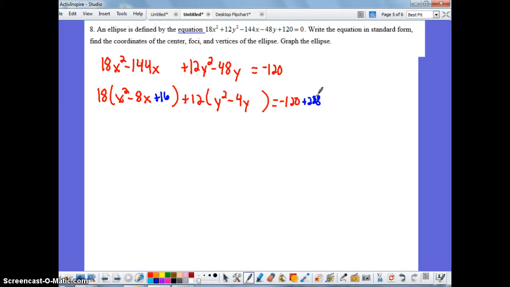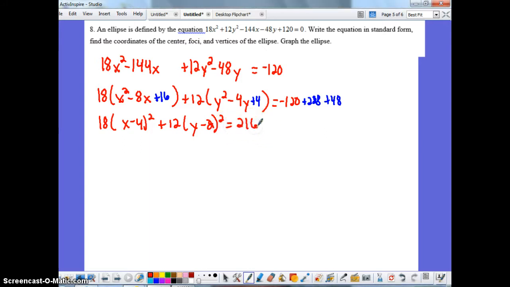And then the second one, half of negative 4 is negative 2, squared is going to give me 4. 4 times the 12 is going to give me a positive 48. So now when I simplify this, this is going to be 18 times x minus 4 all squared plus 12 times y minus 2 all squared, and that's going to equal 216.